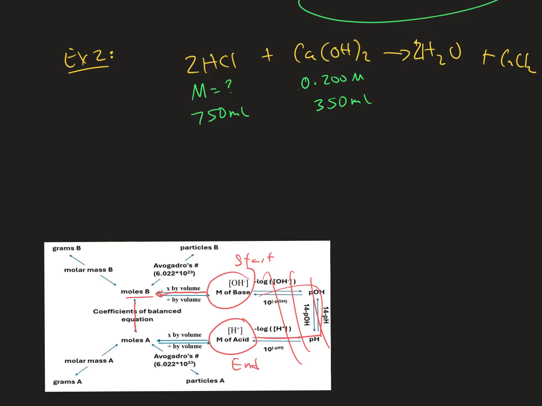We're going to use the mole-to-mole ratio to get moles of our acid. Then we're going to divide by the volume. Going this way says divide by the volume, right? And then we got our concentration. 1, 2, 3 steps. Good? Okay.